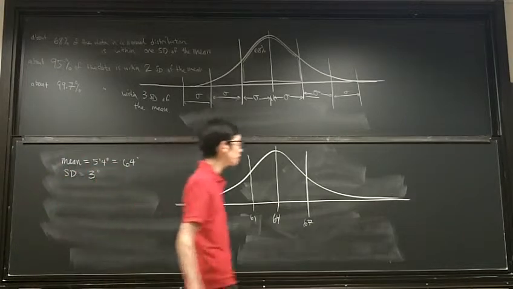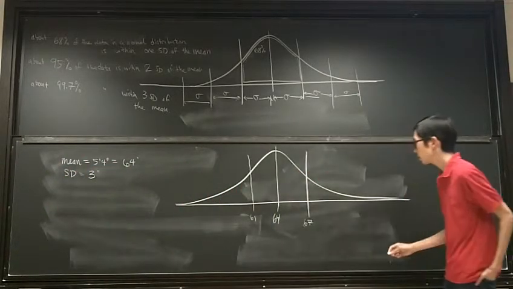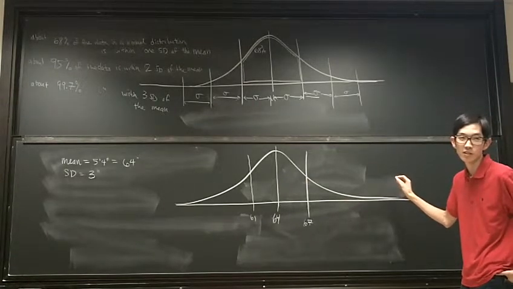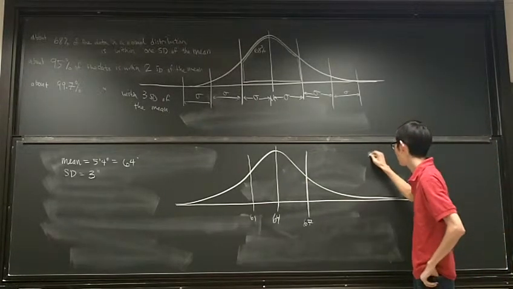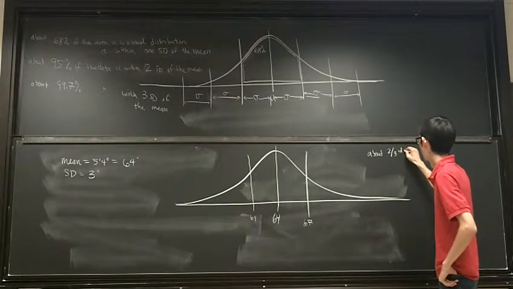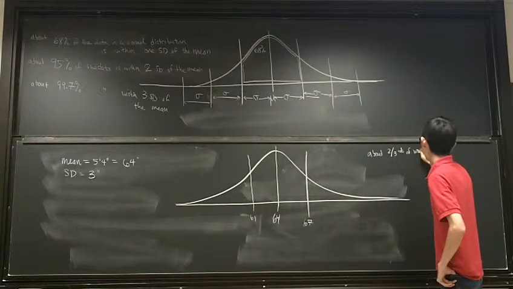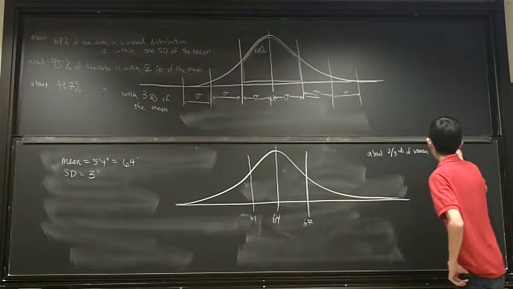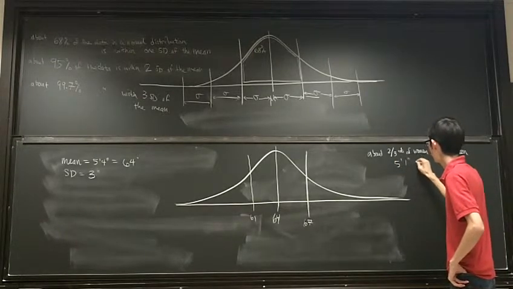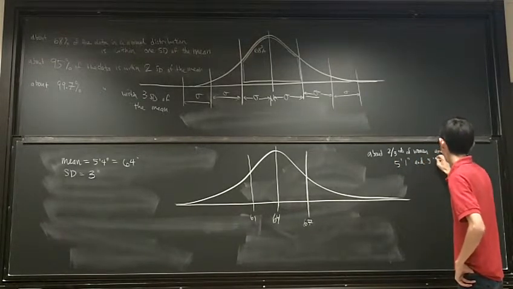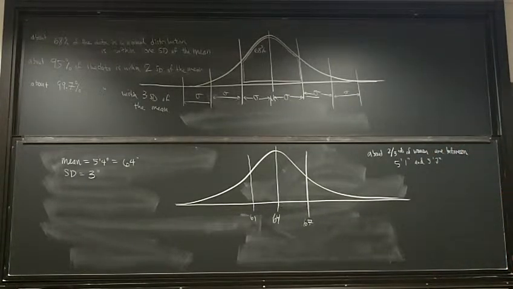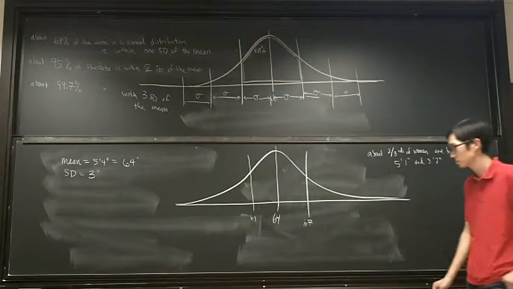According to our model, approximately what percentage of women are between these two heights? 68%, so about 2/3 of women are between 5'1" and 5'7". Does that match our intuition about the heights of women in the U.S.?